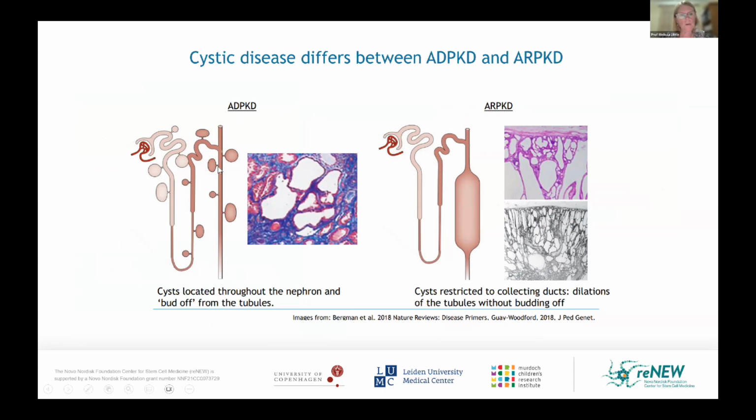In autosomal dominant, you get these cysts budding out all the way along the nephron, whereas in autosomal recessive polycystic kidney disease, it's very restricted to a dilation of the collecting ducts.